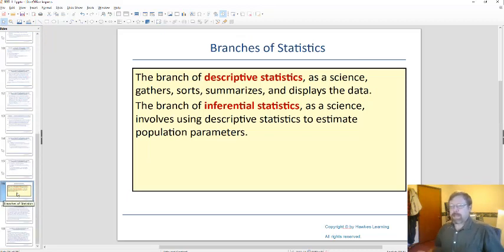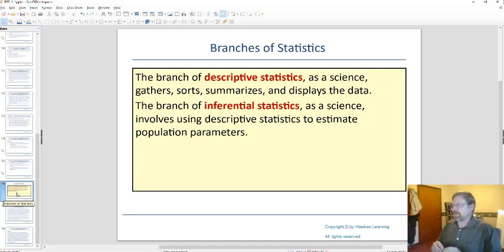Okay. So we've also got two broad branches of statistics. There's descriptive statistics, where you're trying to come up with a way to summarize the data. So usually this is something like reporting the average and another number that gives you an idea of how much variation there is within that group.